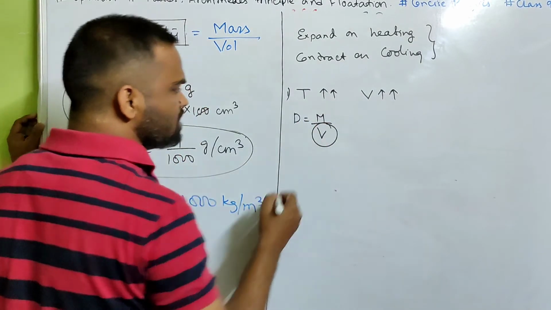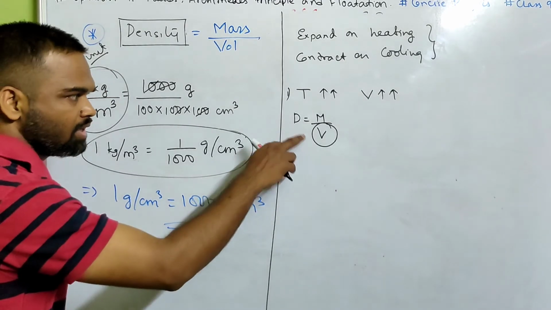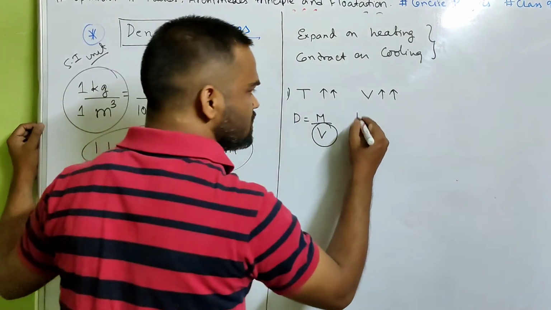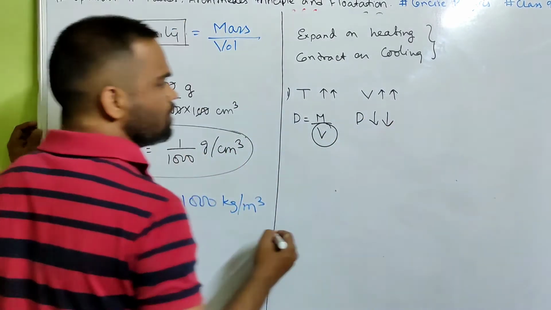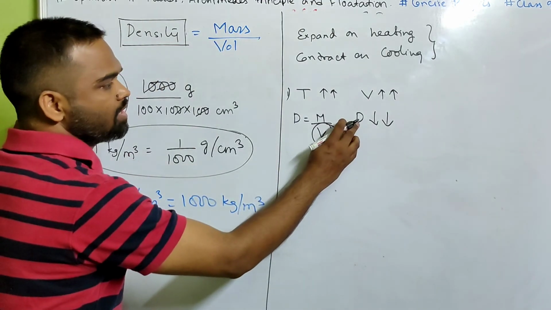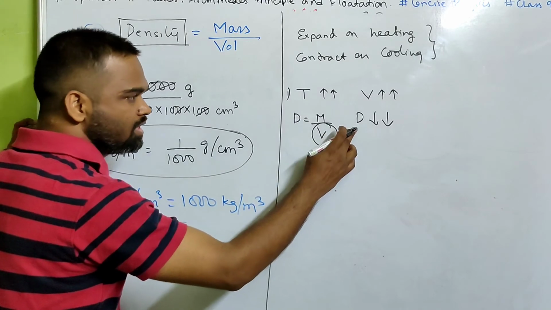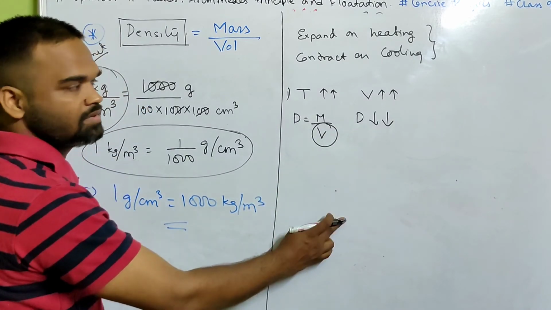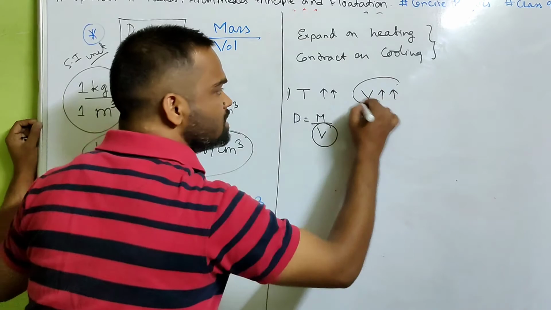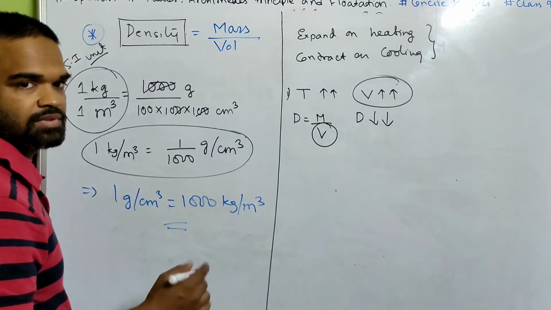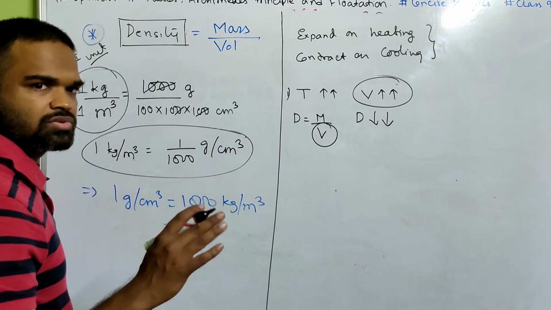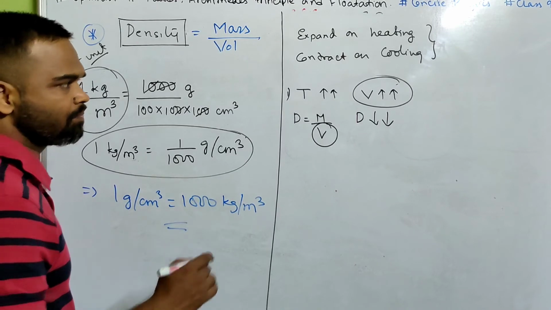So if you increase the volume, the density will decrease, isn't it? So if you increase the temperature of a body, most of the body, the density decreases. Why? Because the volume increases. Expansion of solids, liquid and gases we have done, okay?